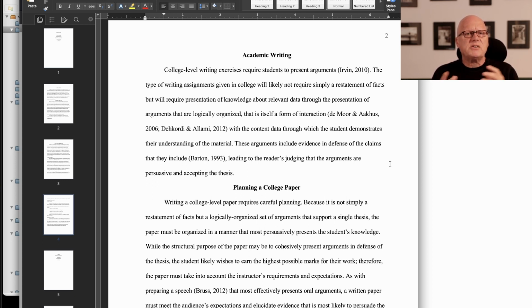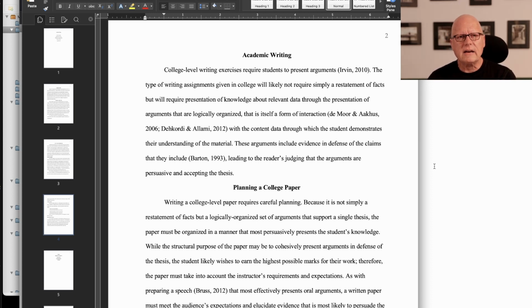And that may be sufficiently persuasive given that audience of two acquaintances. Academic writing has to be grounded in the knowledge of experts so that the arguments that are presented can be accepted even when the reader is not known to the writer. Or I should say the writer is not known to the reader.